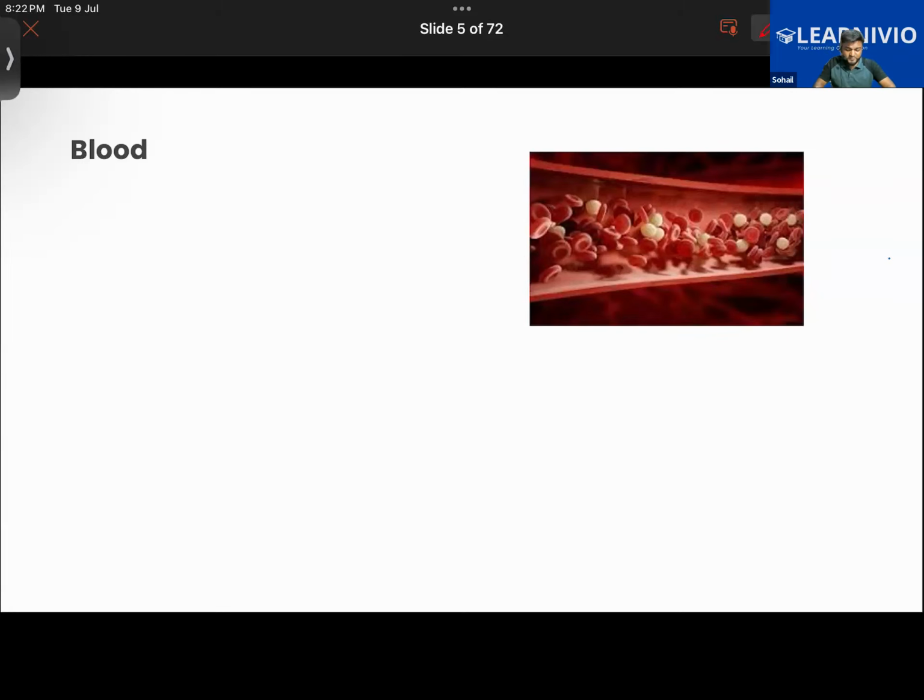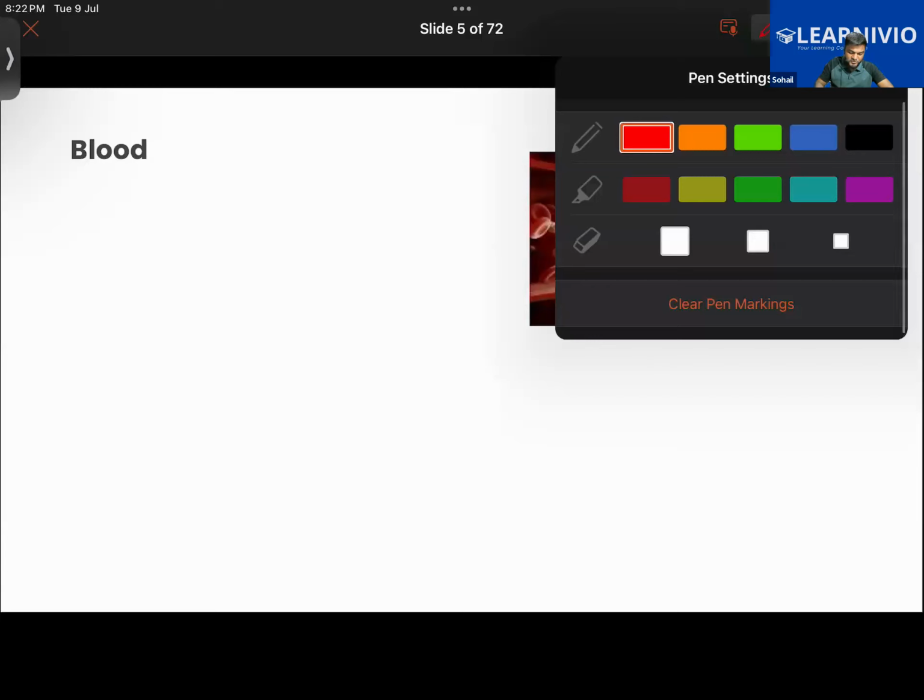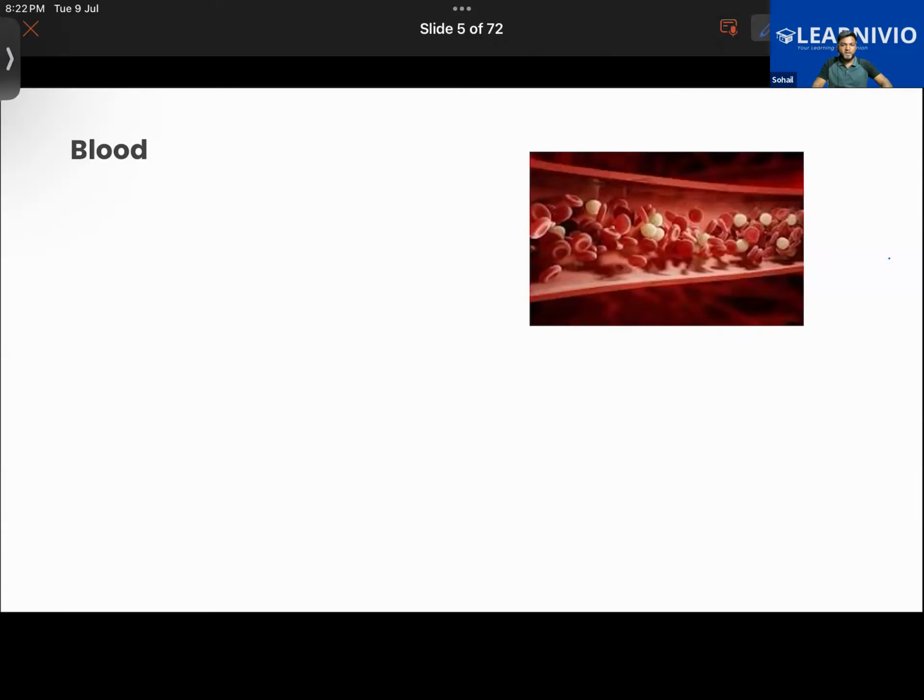First of all, write the definition of the blood. Write its definition and then we'll be continuing. So, blood, it is a fluid. Fluid means liquid.